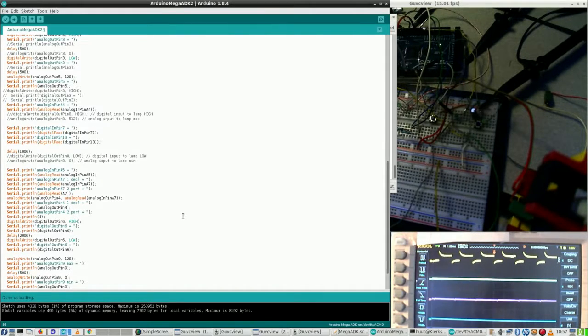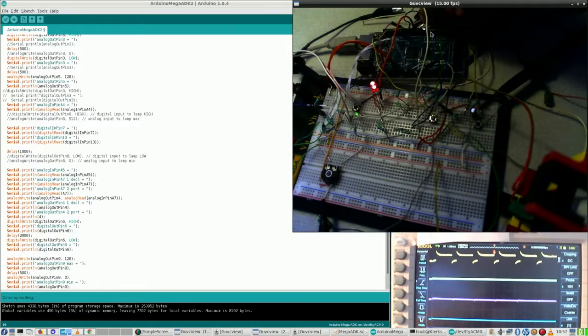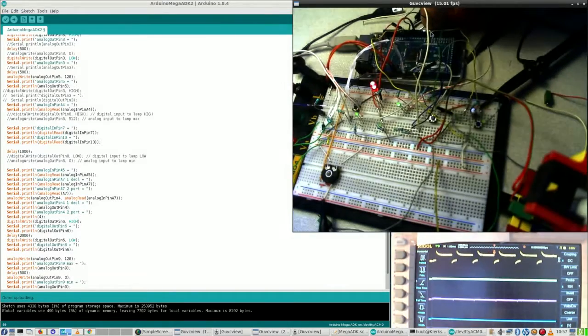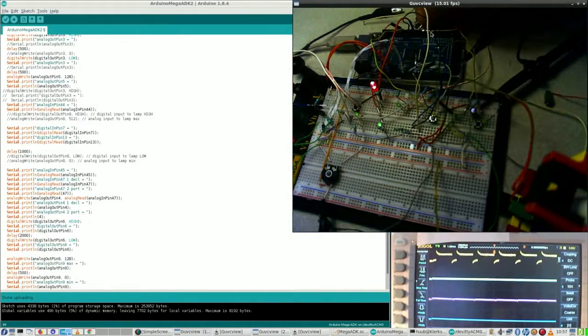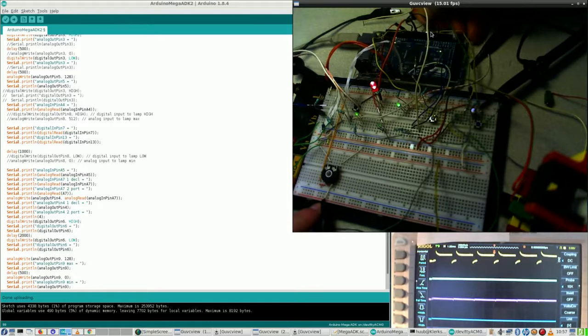So all I have to do for now is move this wire right here from 3 to 4, keeping it connected in the meantime.